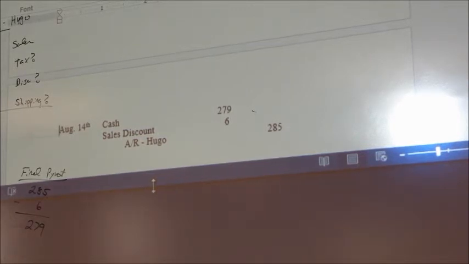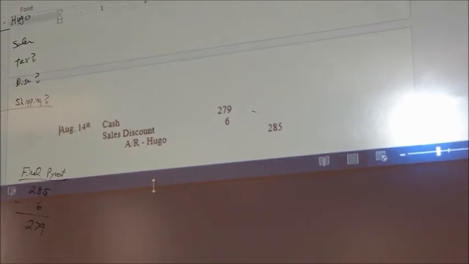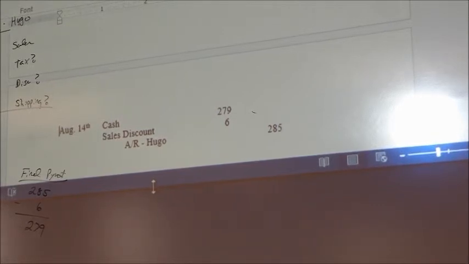The last one says Larry remits the sales tax, and it means you pay it off. How much sales tax did I owe to the government? Yeah, $10. I need to look at my T account. I owe $10.